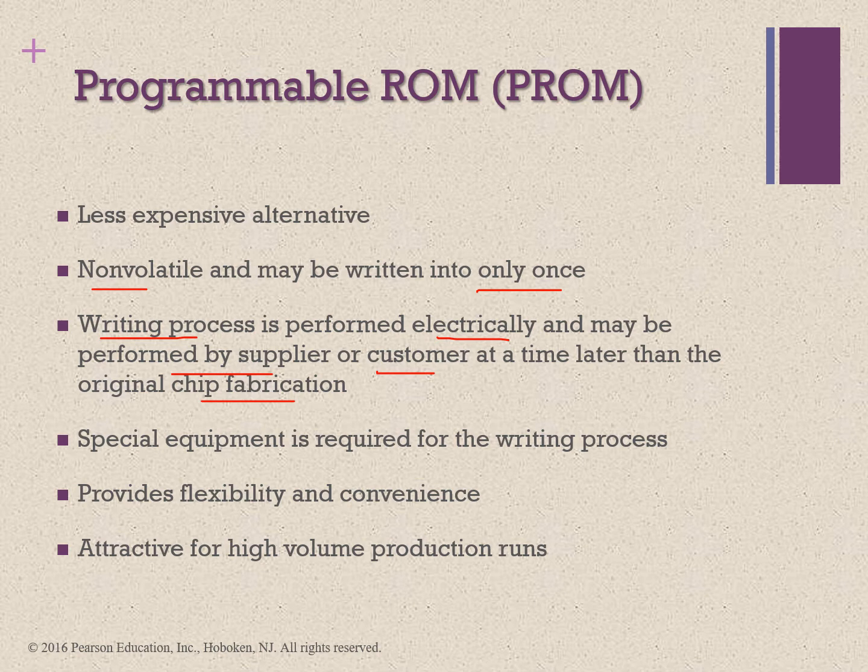This is the difference between ROM and PROM. Special equipment is required for the writing process because the customer is going to write the data, so there should be a special mechanism needed. It provides flexibility and is more convenient, and it is attractive for high volume production runs.